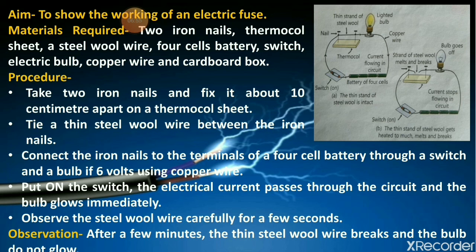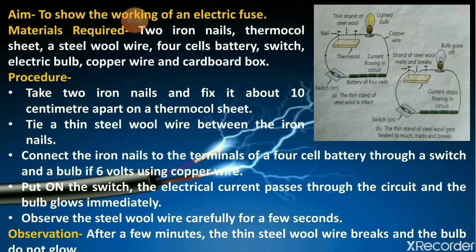As you can see the setup in the image, first you have to take two iron nails and fix them about 10 centimeter apart on a thermocol sheet. Then tie a thin steel wool wire between the two iron nails. Now connect the iron nails to the terminals of the 4 cell battery through a switch and a 6 volt bulb using copper wire.